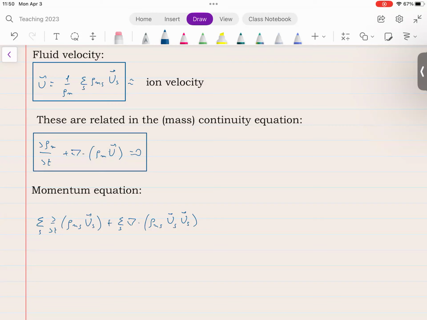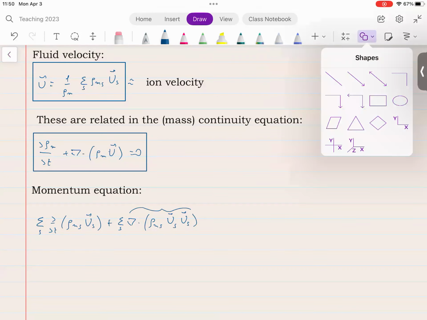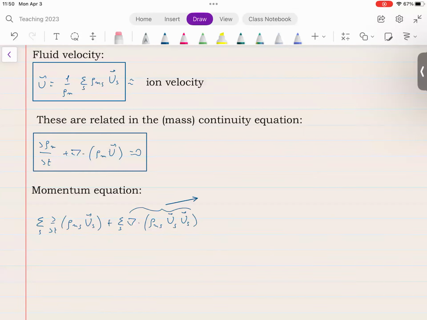and let me point out that this is the divergence of a second order tensor, then that will give me a vector.